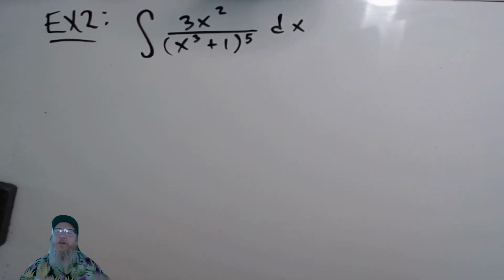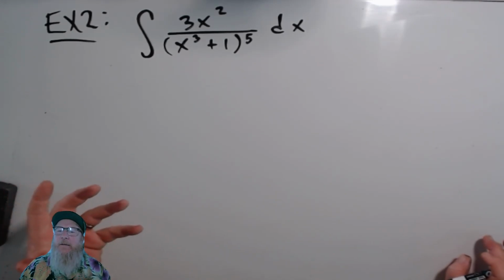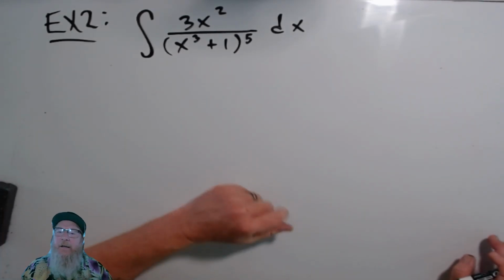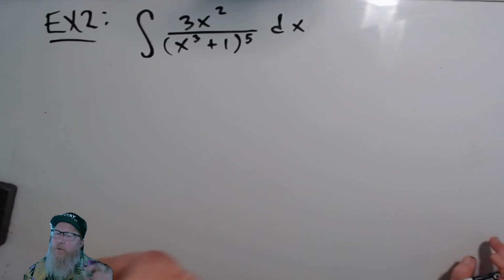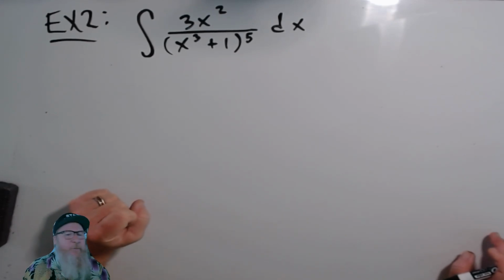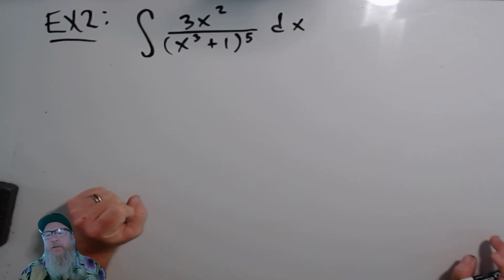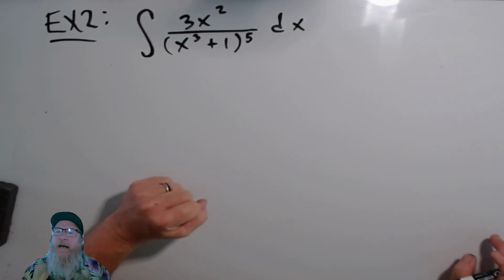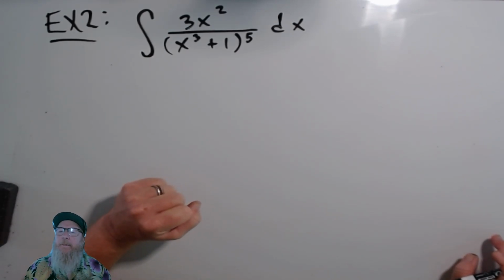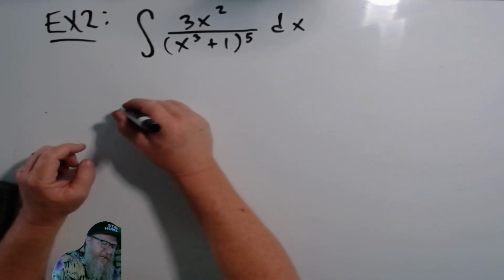So what this u substitution does is, in certain circumstances, it acts as a replacement for a quotient rule or a product rule, depending on the particular problem that you have. And it only works in certain cases. It's not quite as powerful as the rules that we had in differentiation, right? Those rules were hard and fast and worked for every problem. These ones are a little bit trickier.